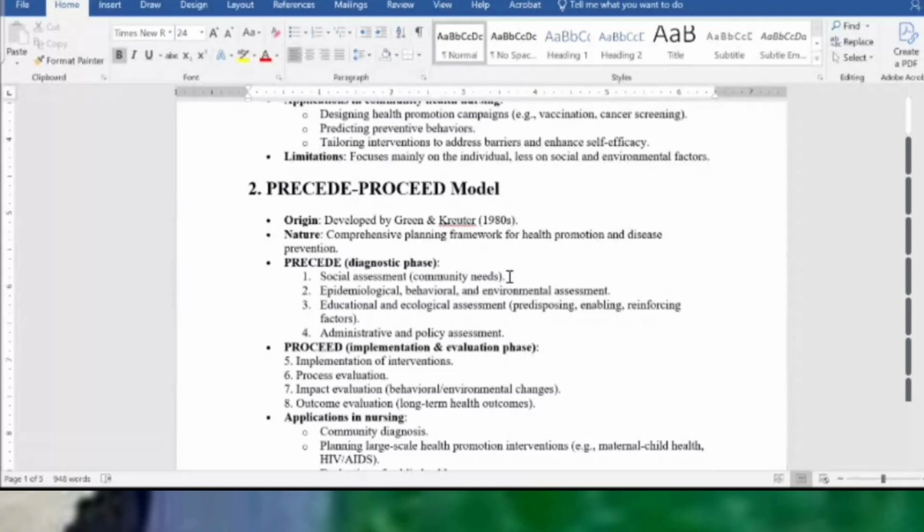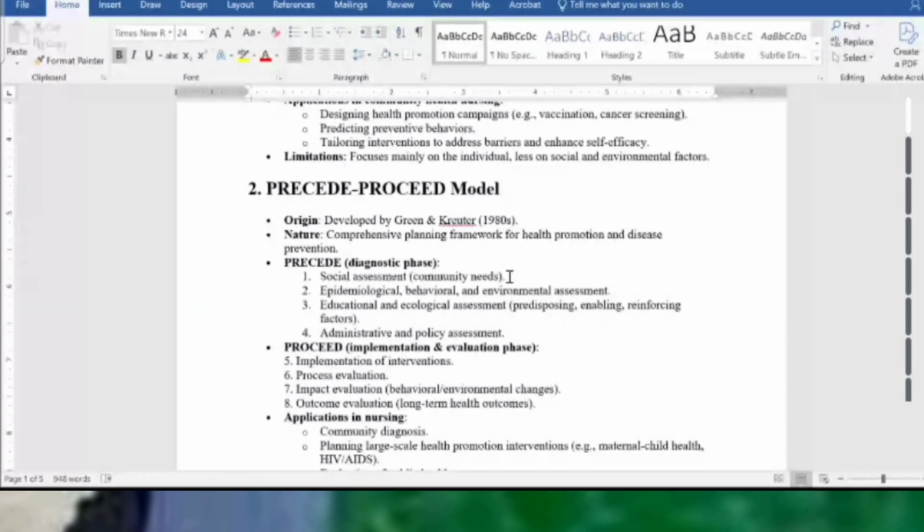Determinants means the risk factors. Within our environment, we have many risk factors that can make us have a particular condition, and sometimes we go to the extent of asking what the causes are.